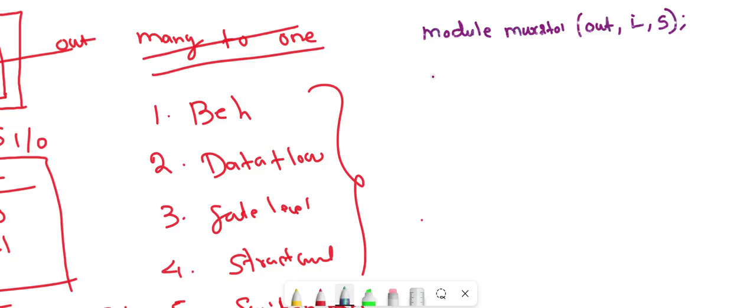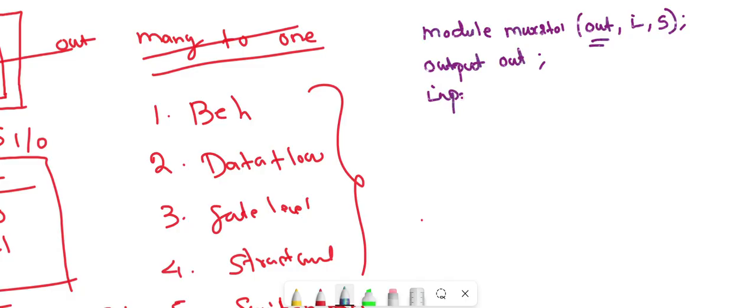First, practice how to write the coding in your notebook, then you can use the tools. Understand the concepts. So declare the outputs. Output: what is the output here? Out.